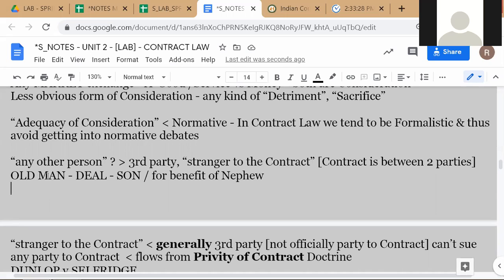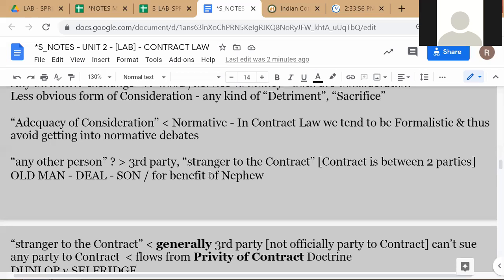There's a case where an old man has a deal with his son or his brother, where he makes a deal relating to some parts of his inheritance. He hands over some part of his property to his son or his brother. So the deal is between these two. But in the agreement between these two people, there is also a provision that a certain amount of money has to be paid to the nephew of this man.